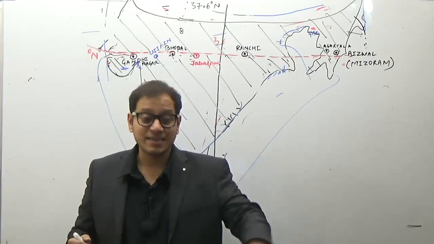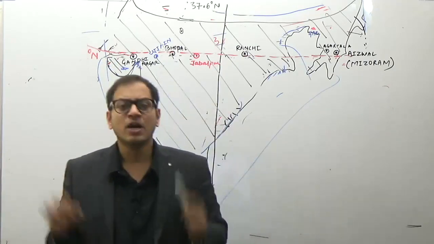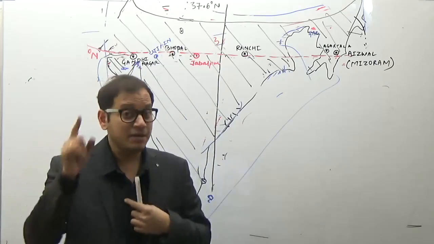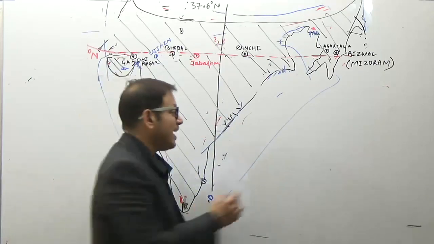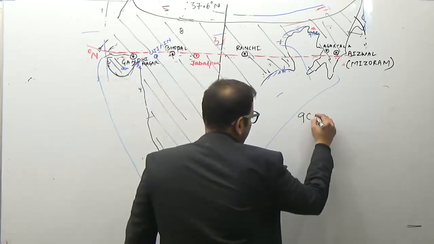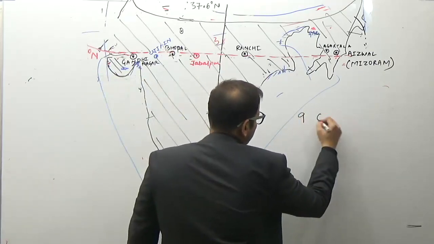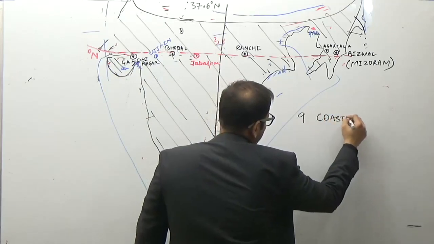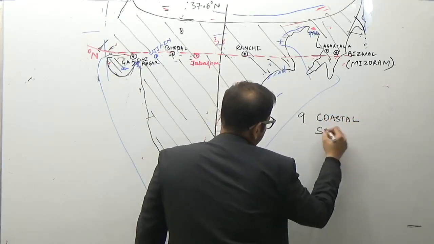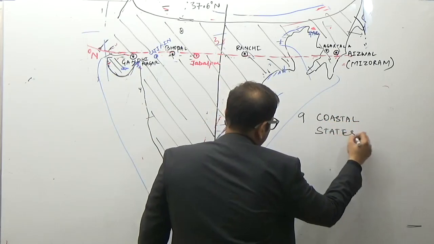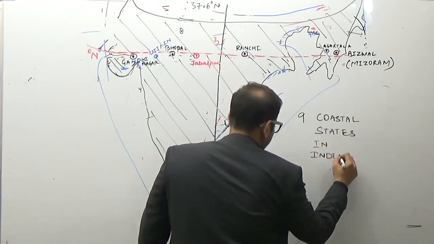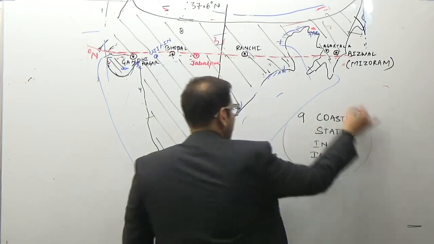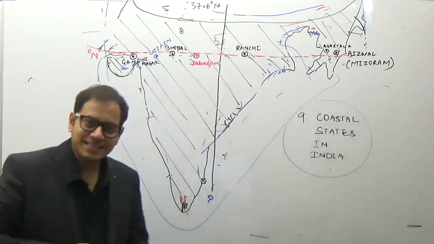Find it out in the atlas, measure the states. I won't do all the states. This I leave to you as homework. Remember, there are 9 coastal states in India.